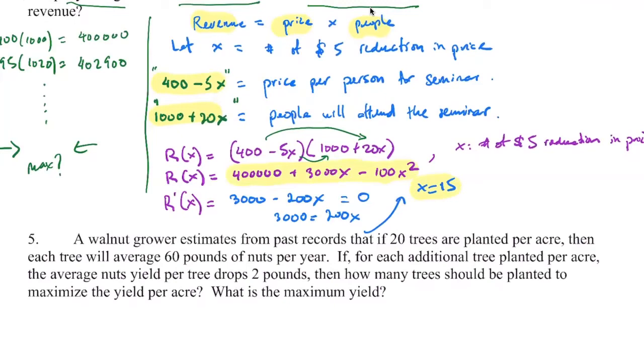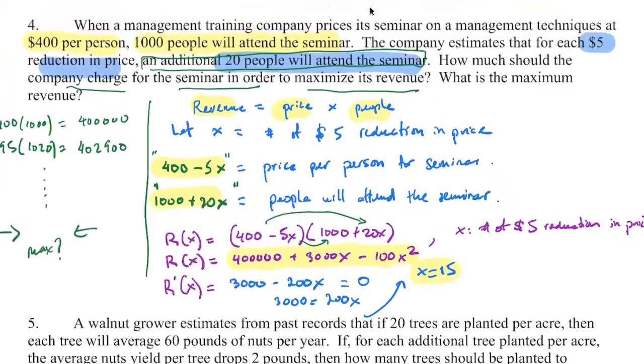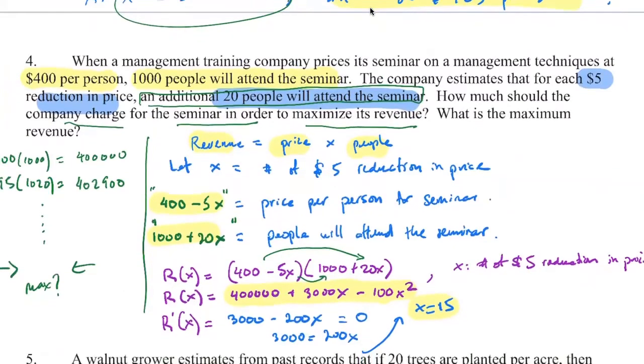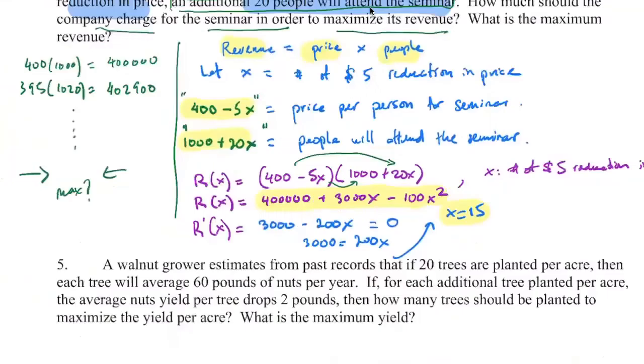So this means if the company reduces the price by $5 fifteen times, the company will have a maximum revenue. Okay, so that's the goal here. We're trying to find how much the company should charge for the seminar in order to maximize revenue, and what the maximum revenue is.